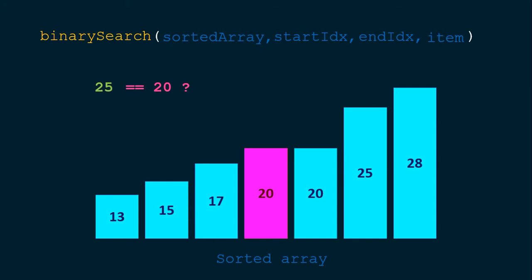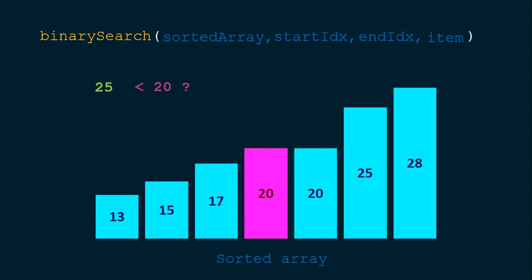But in our case, 25 is not equal to the middle element, which is 20. So now, we will compare the item if it is less or greater than the middle element. If it is less, then we can conclude that the item we are looking for is somewhere in the left part of the array.